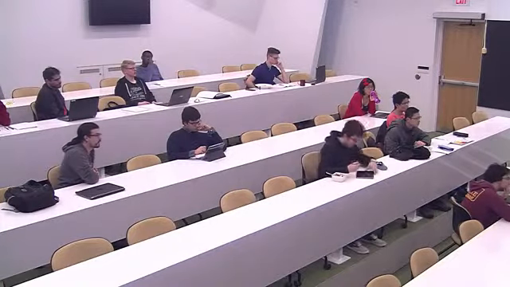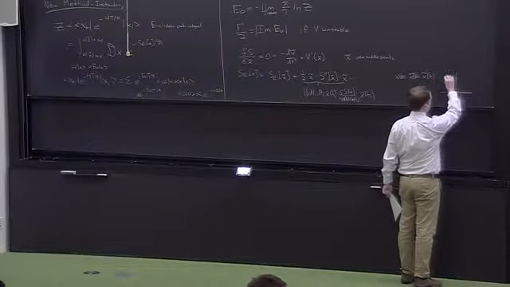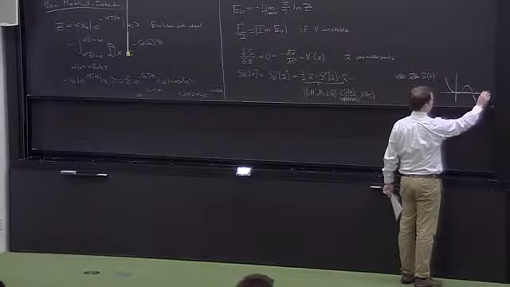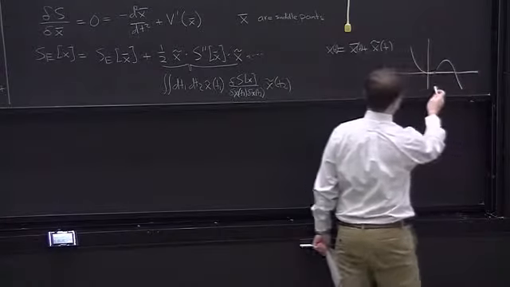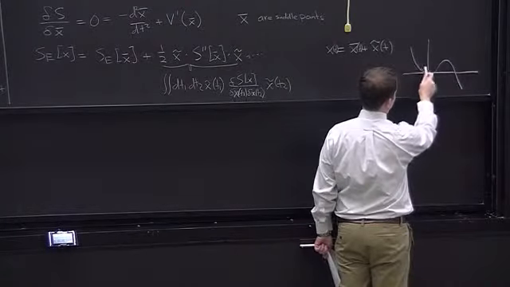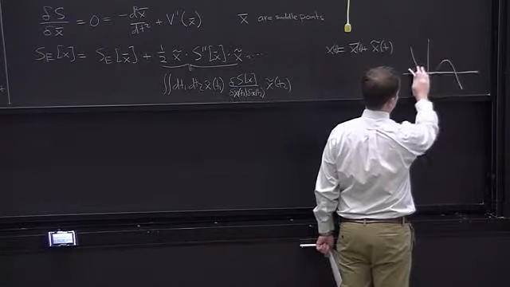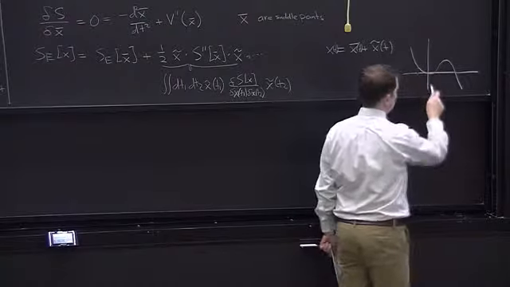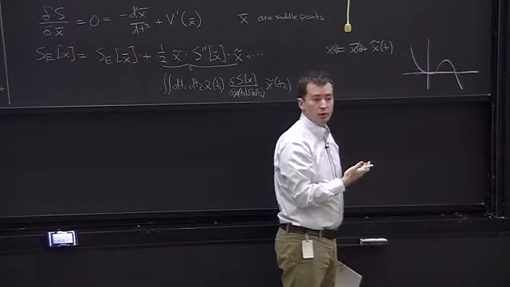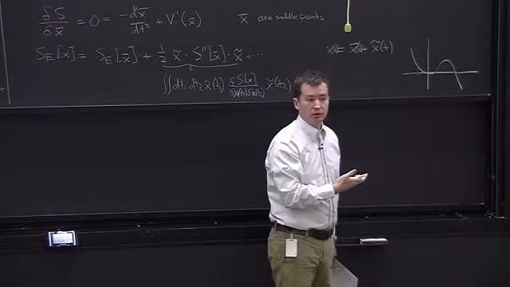So you can imagine we've got a potential that looks something like this, and we can ask what's the probability that it's going to be in some region around this local minimum, and that will decay exponentially.